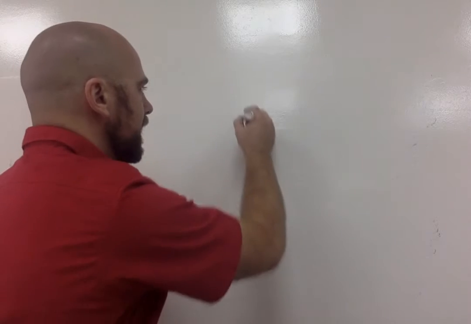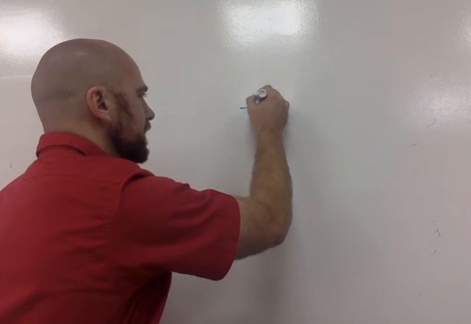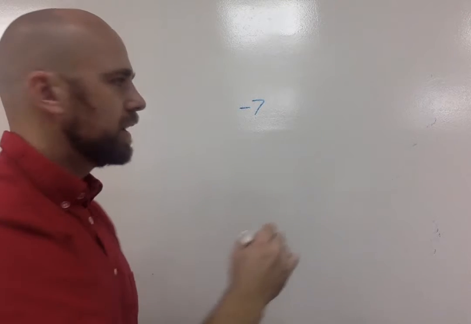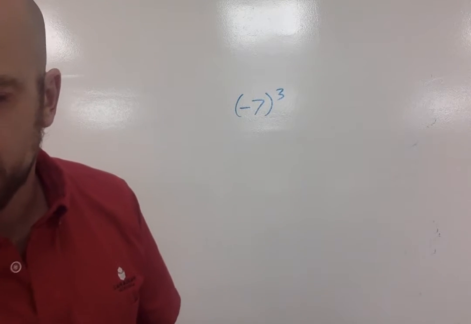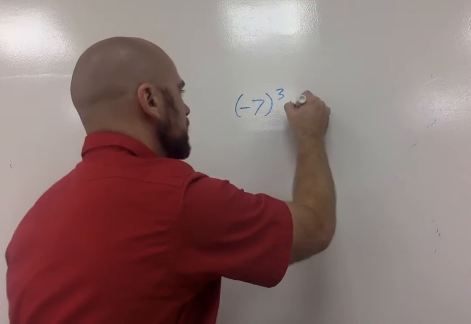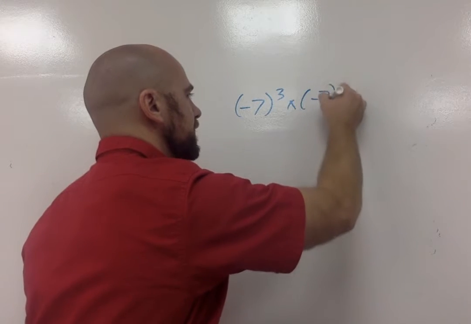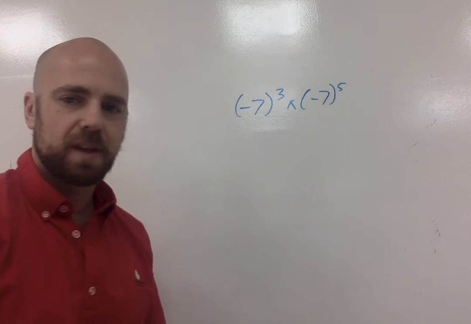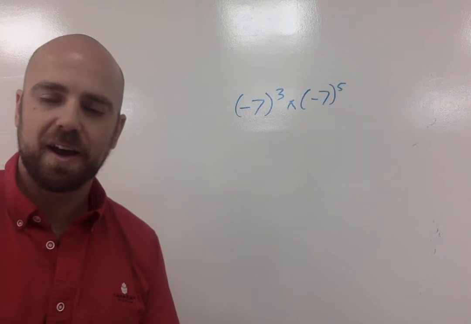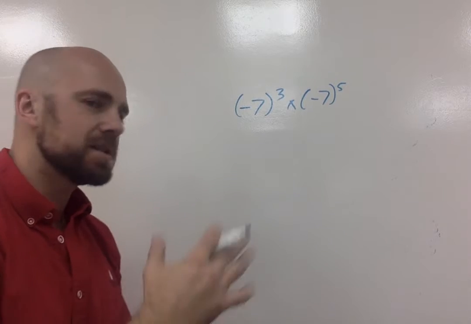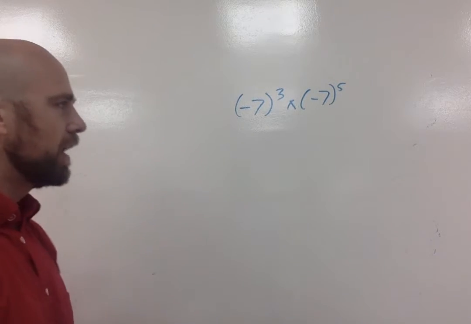So let's say if we have negative 7 to the power of 3, times negative 7 to the power of 5. What's my simplified answer going to be here? So pause it, and then unpause when you're ready.